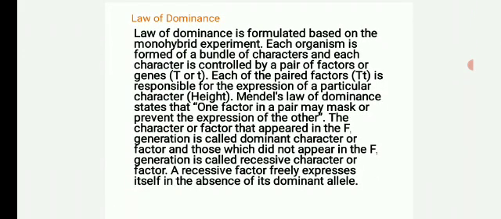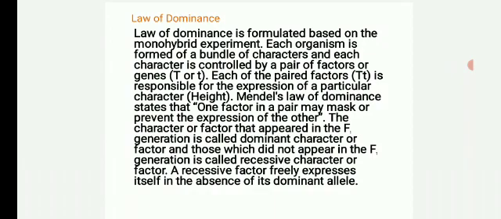First, law of dominance. The law of dominance is formulated based on the monohybrid experiment. Each organism is formed of a bundle of characters, and each character is controlled by a pair of factors or genes like capital T or small t.